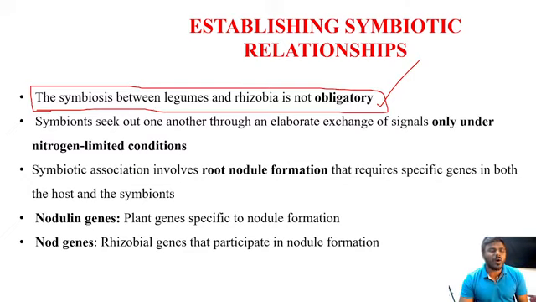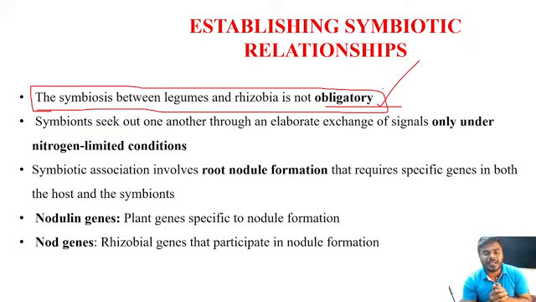Sometimes these statements will always make us confused. What do you mean by that? Not obligatory, which means, do you think bacteria and leguminaceae plants will maintain the symbiotic relationship all the time? That is an absolutely wrong statement. They are not going to maintain the symbiotic relationship all the time, never ever.